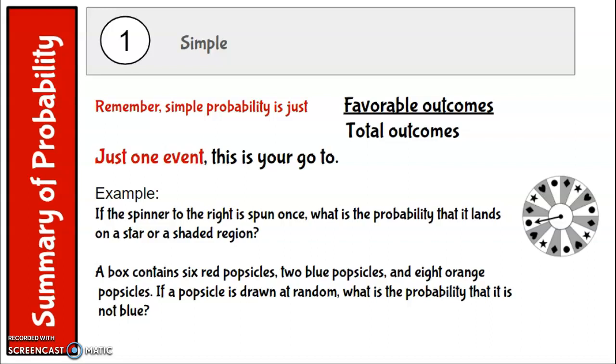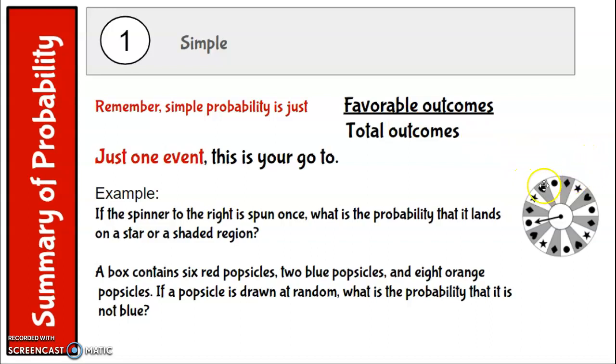So remember, simple probability is just the favorable outcomes over the total number of outcomes. If there's just one event, this is your go-to. For example, if the spinner to the right is spun once, so we have one event there, what is the probability that it lands on a star or a shaded region? So all you have to do is count up how many stars there are.